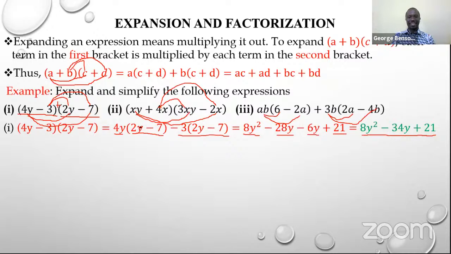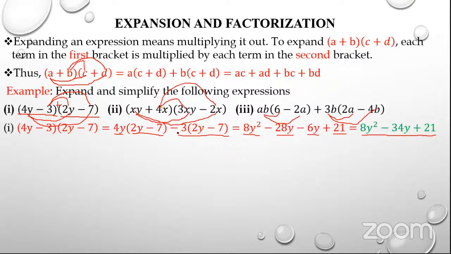Now 4y multiplies 2y and gets 8y squared. The number multiplies the number, and the variable multiplies the variable. So 4 times 2 gives us 8, and y times y gives us y squared. Then 4y times minus 7 is minus 28y.